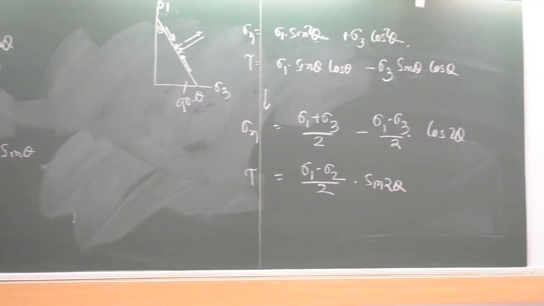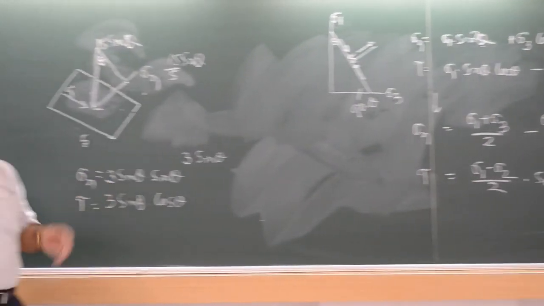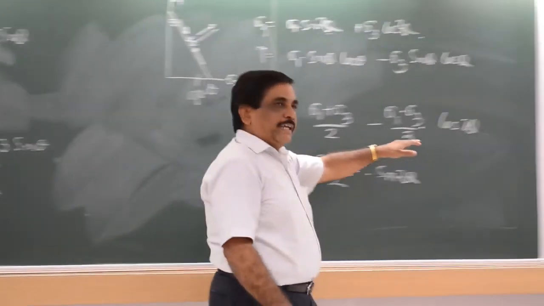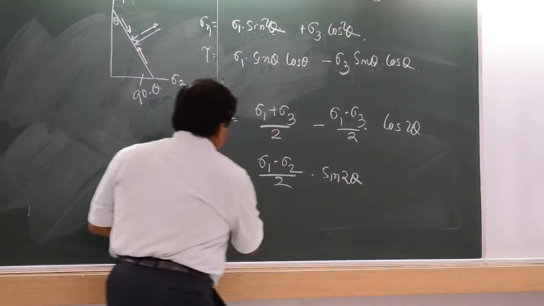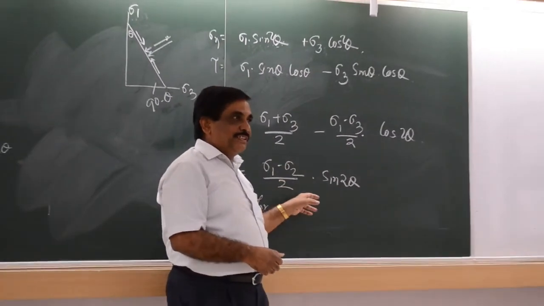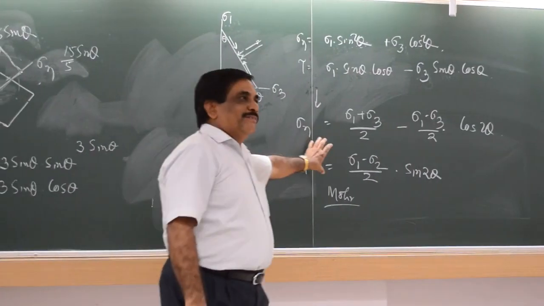Ramsey and Davis, very clear? Now you see, why can you understand 2 theta now? Because this gentleman Mohr is going to use these equations in the circle. So it is in the circle form now.